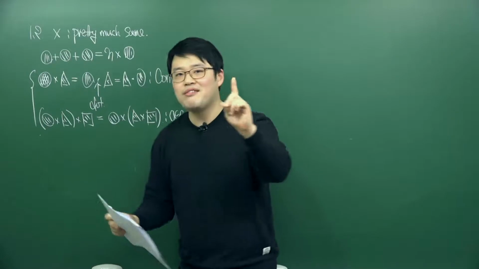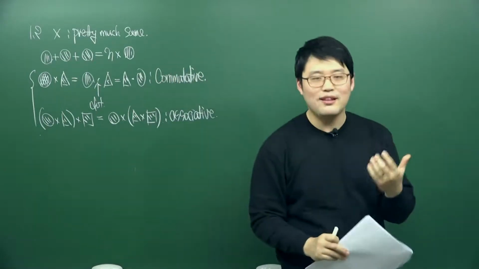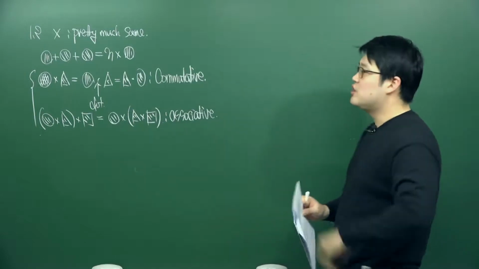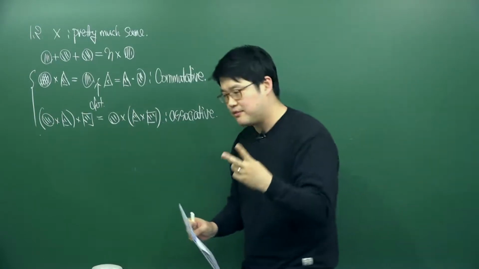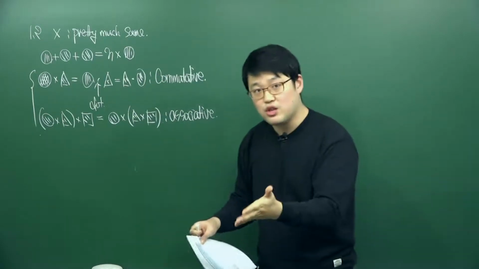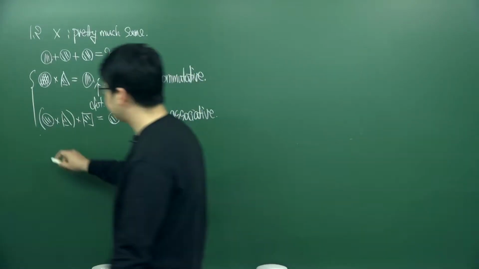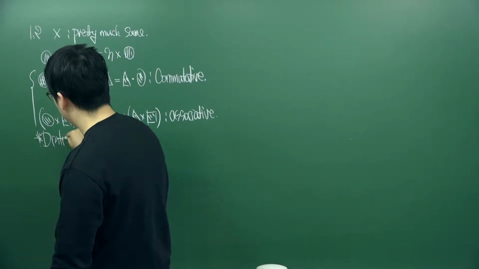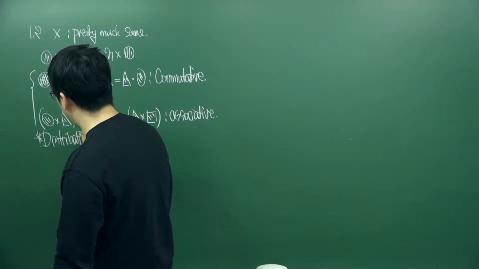And there's one last thing that we have to know, something called a distributive property. Distributive property requires two operators at the same time. We need multiplication and we need addition. So I'm just going to write distributive property.